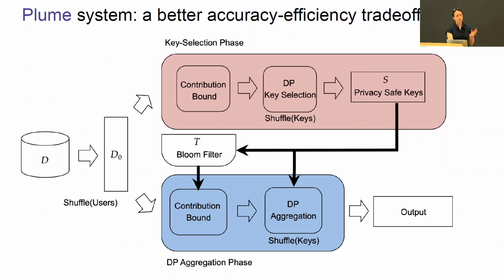But here, we're going to replace that join with a Bloom filter. So we build a Bloom filter T on S that can be quickly queried to ask if a particular key is in the set S. Then we're going to query this during the contribution bounding part of the aggregation phase so that we can, with high probability, discard records whose keys are not in S.